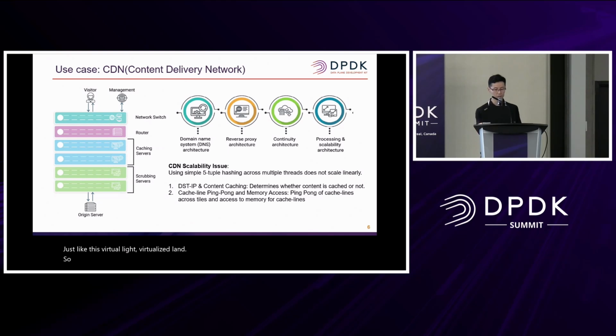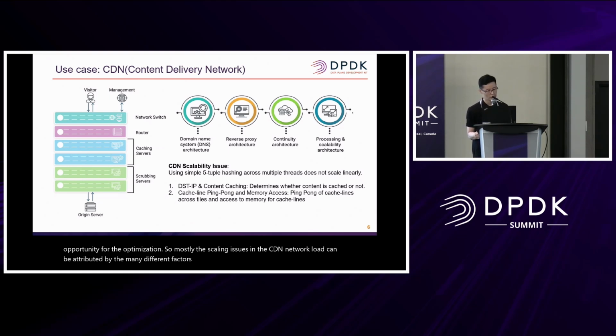So the second use case I'm trying to show here is a typical CDN, content delivery network, workload that presents unique challenges and opportunities for optimization. Mostly the scaling issues in the CDN workload can be attributed to many different factors.